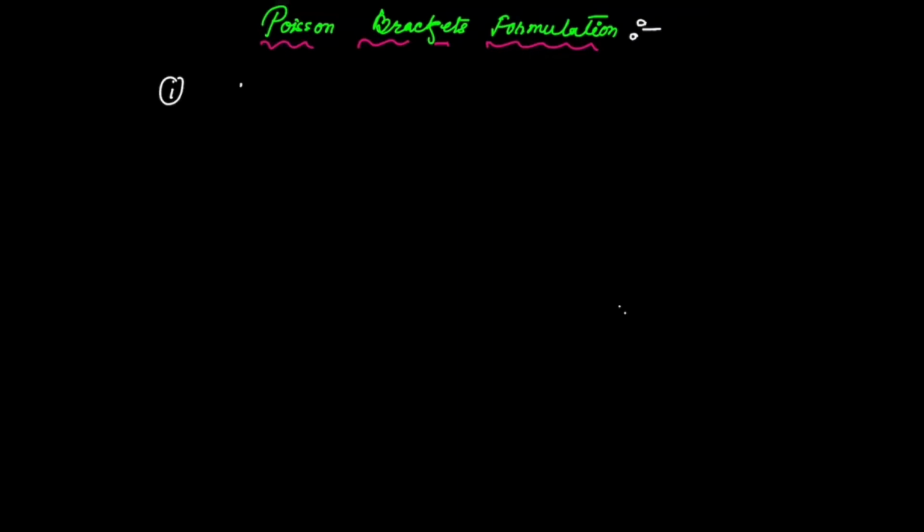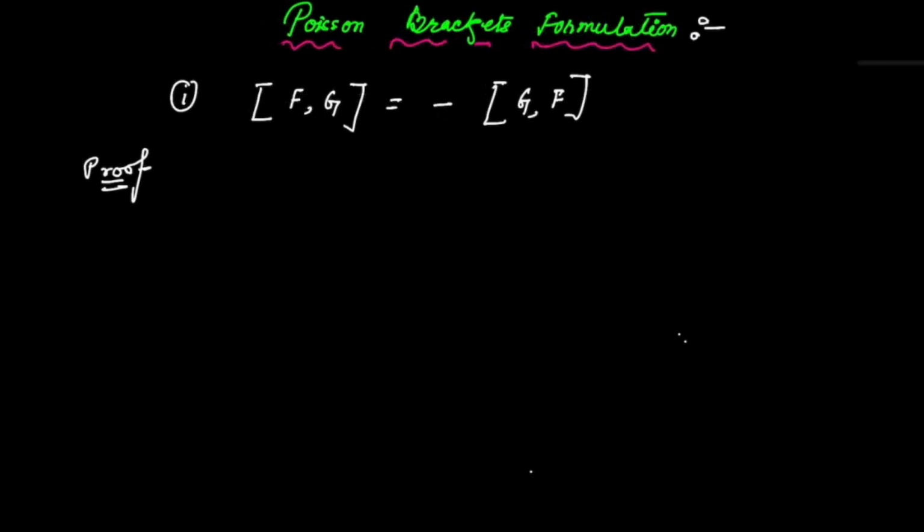Now let me tell you some important relations of Poisson brackets. The first one: the Poisson bracket of functions f and g is equal to the negative of the Poisson bracket of g and f. We can prove this one. To prove it, let us expand the left hand side.